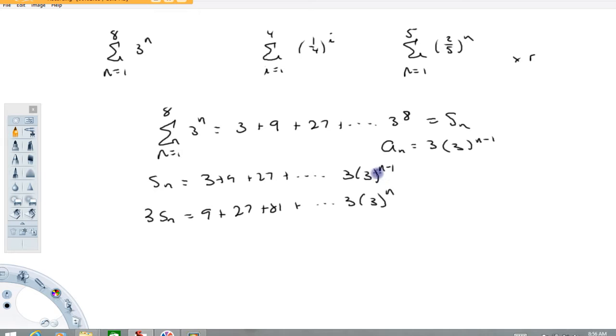When you multiply 3 to the n minus 1 times 3, you just have 3 to the n. So that was step 1.